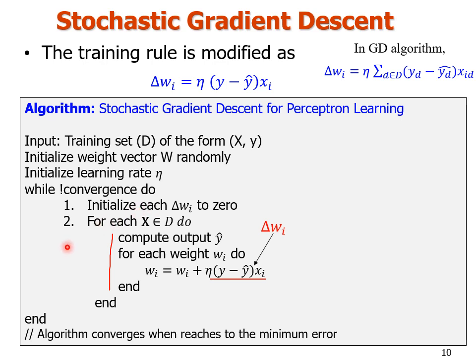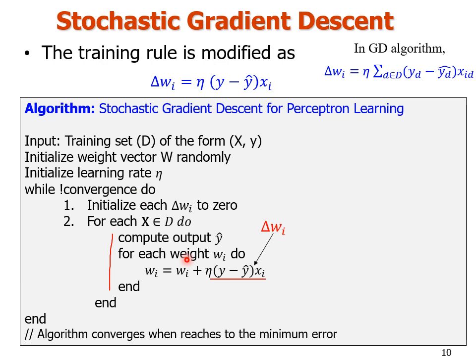Thus we are iterating through all the training examples in our data set, and this entire process repeats again and again till convergence.